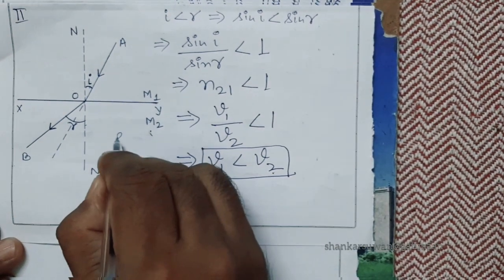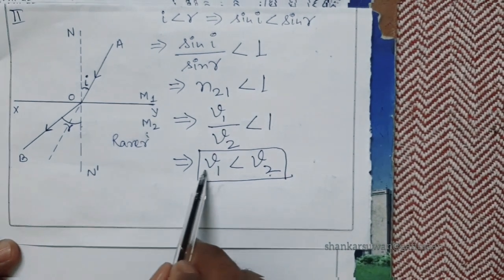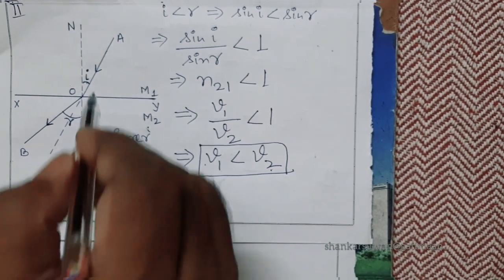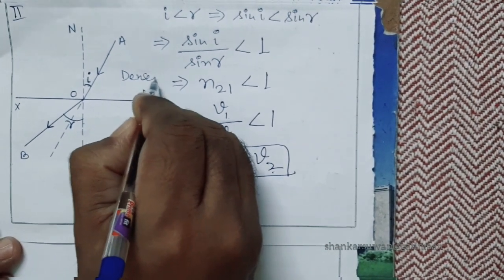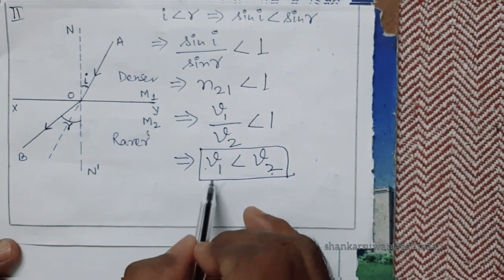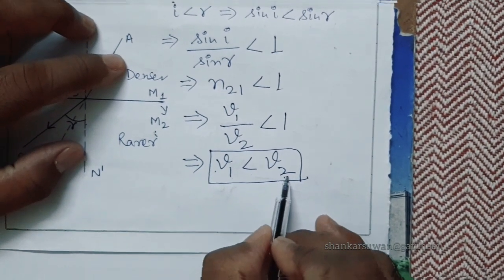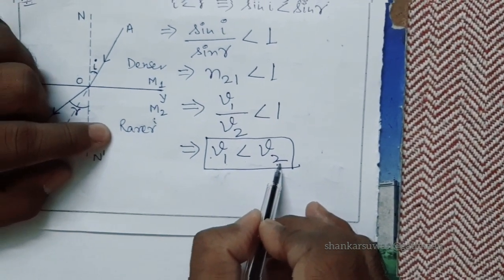So, this will be rarer. And the speed of light in medium 1 is lesser than the speed of light in medium 2, so this will be denser. That is why this is the rarer medium.